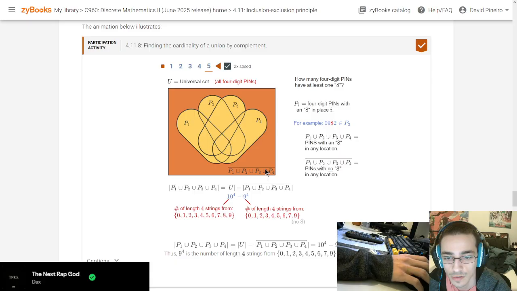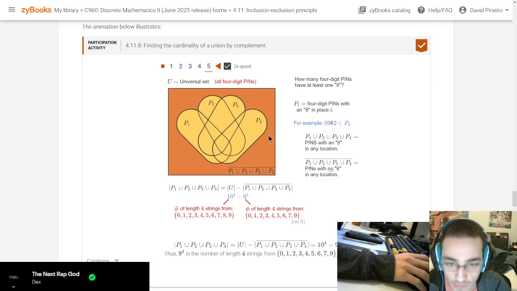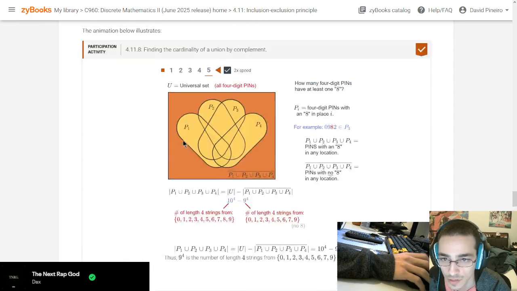If you go out of that, it means it does not have an 8 in that place, and none of the digits would have an 8. So you get the whole thing, subtract this part in the middle, and then you get the rest of it. Okay, that makes sense.